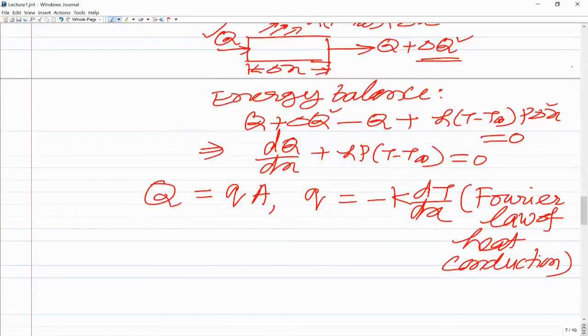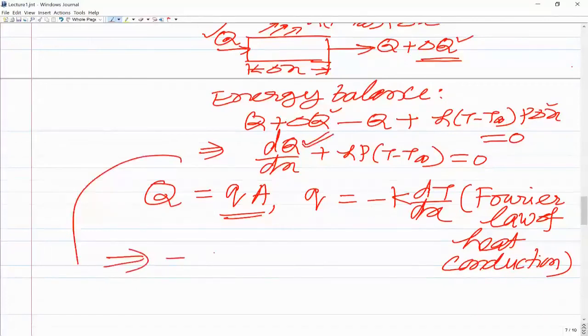Now if you put this in, q is minus k into dT by dx, and capital Q is q into A. Because of the minus sign in the equation, we will have a minus sign, then d by dx of capital Q, that is small q into A, and small q is minus k into dT by dx.